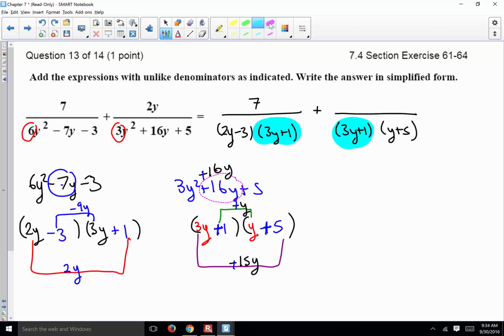So what's not matching is this, and this is not matching. So pink and green are not matching, so I need to make those on the other sides missing.